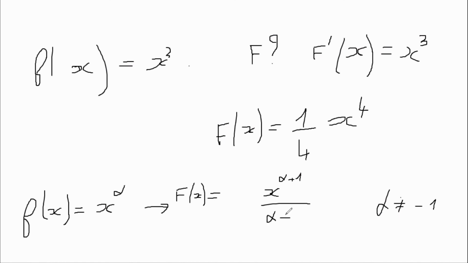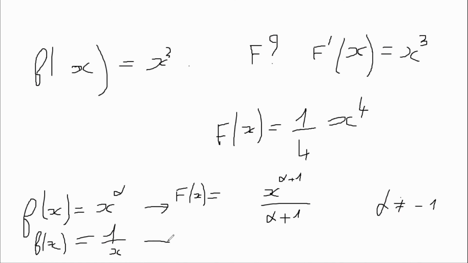What about if f of x equals 1 over x? If f of x is equal to 1 over x, then capital F is equal to ln of the absolute value of x. These two rules are very useful.